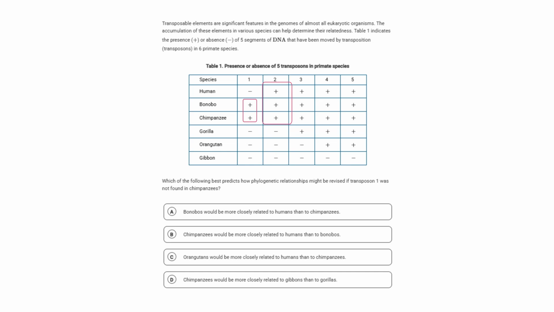But if this is now a negative, the chimpanzee would no longer be considered closely related to the bonobo. I probably butchered that, but it would be more closely related to the human being. And so the answer is B, because it now would not have that common line of DNA, that commonality, right? It would have it now with the human, because the human shares the most recent common ancestor.